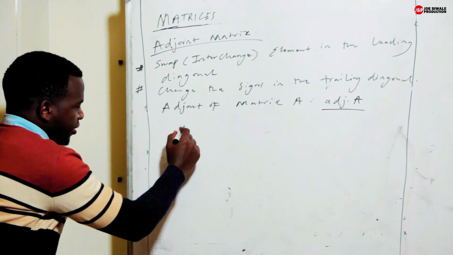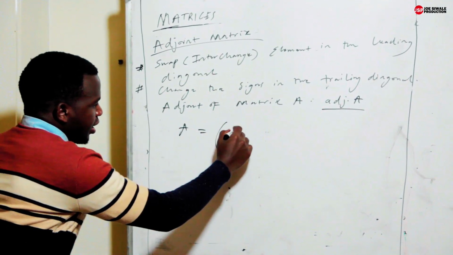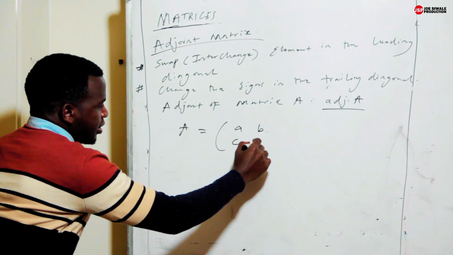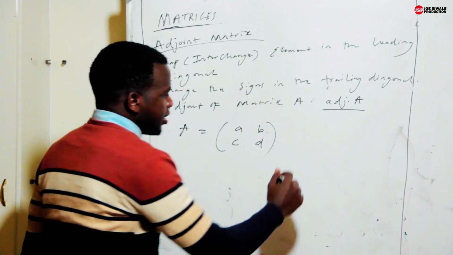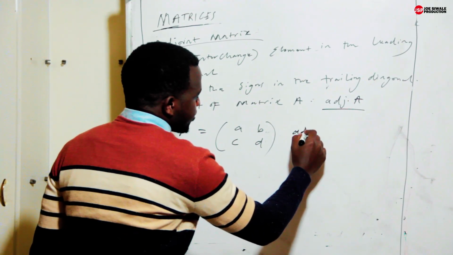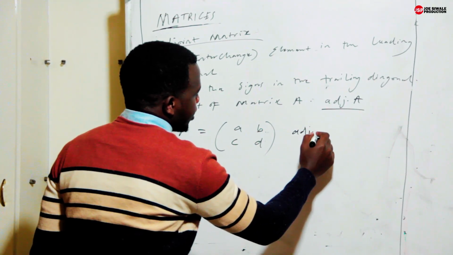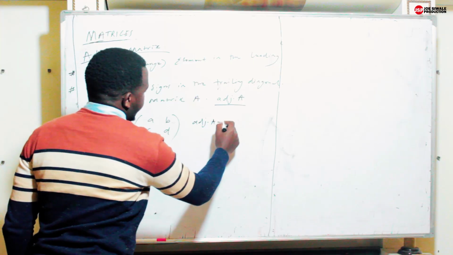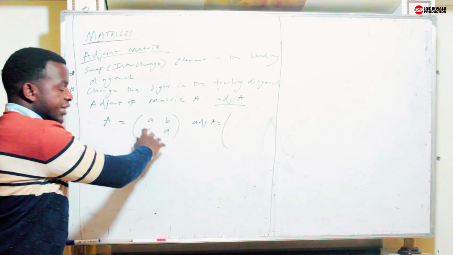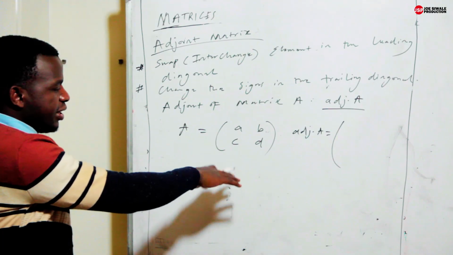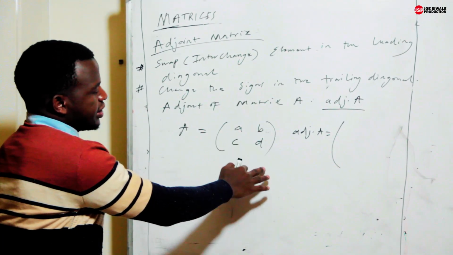So if we have matrix A as [a, b; c, d], and you have been told, can you find the adjoint of this matrix? So we'll say adj A, that's the adjoint. The first thing that we're going to do is interchange the elements in the leading diagonal.